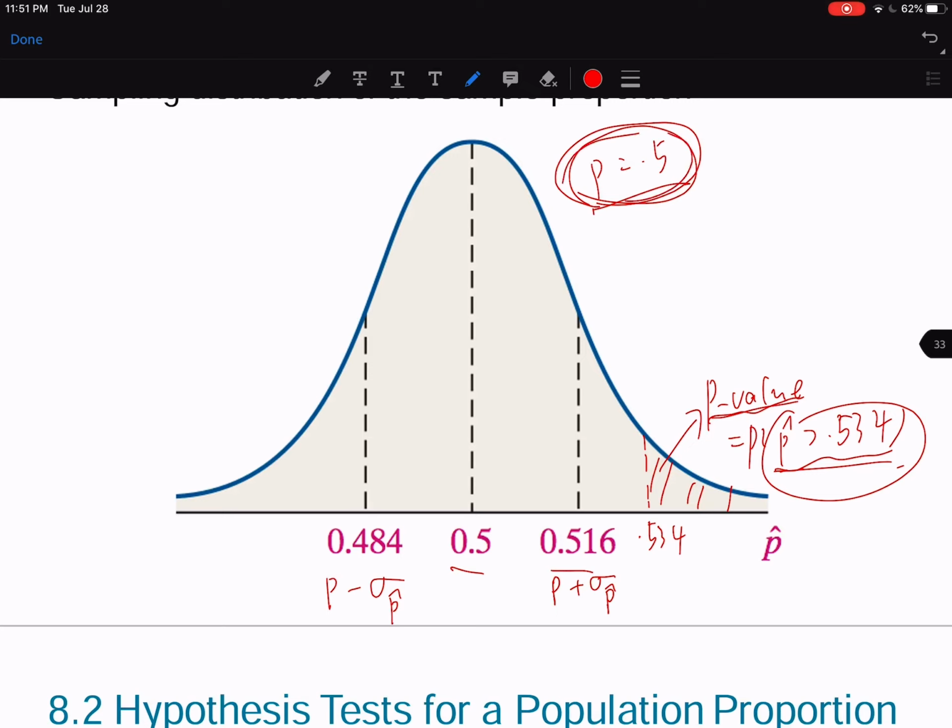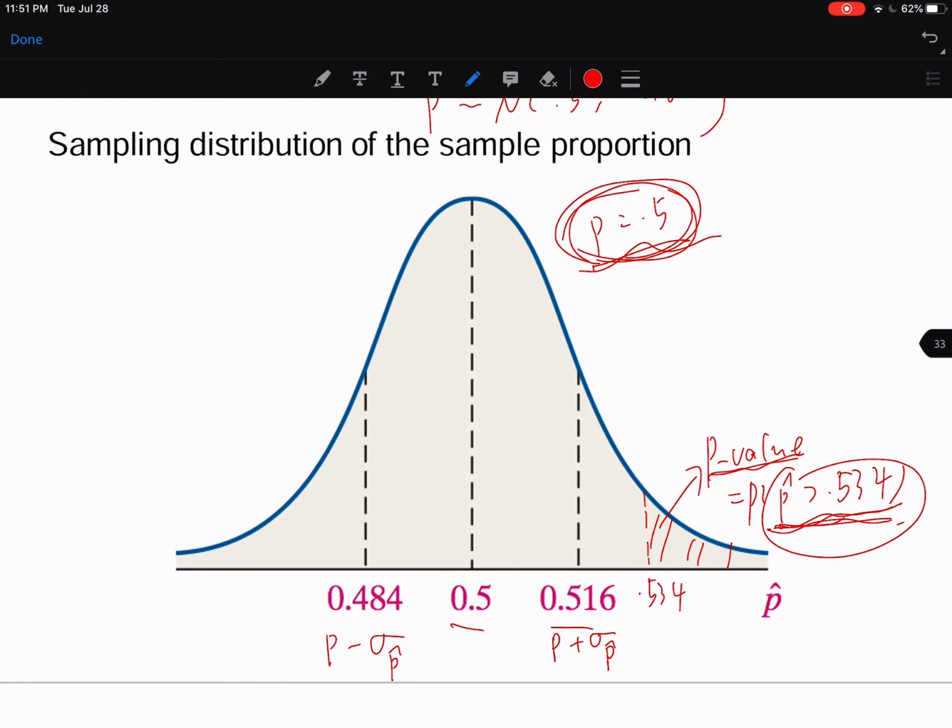That's what I mean. Once again, if the p-value is too low, that means the probability is too low to draw a sample like this from a population like that. In other words, it is very possible that the sample comes from a population with a population proportion that is not equal to 0.5, or greater than 0.5, or less than 0.5, whatever.